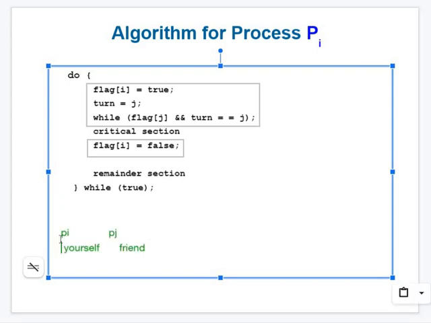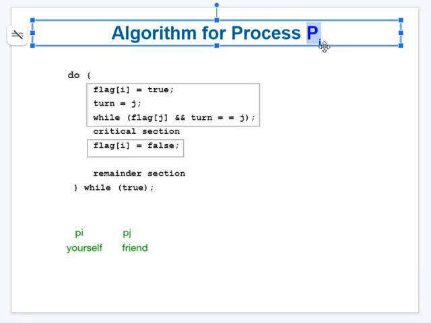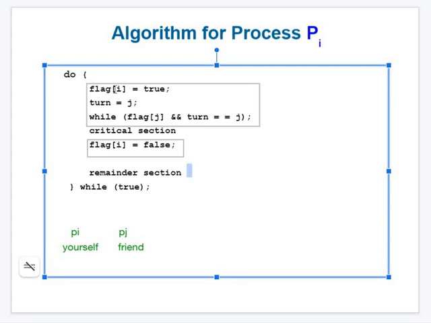Now, how do you solve this problem? I am explaining the algorithm with you as a reference. Are you using the textbook? Yes. If presently you are using it, whose turn is next? Let me type I and J here. I is yourself, J is your friend.